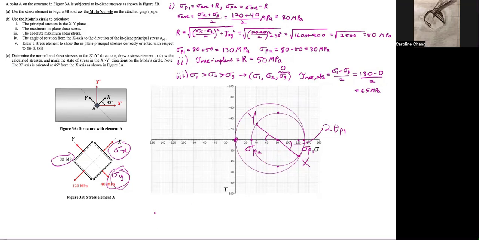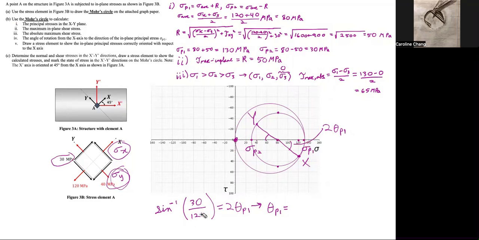So let's use sine. That means that the arcsine of the shear force, which is 30, over sigma x, which is 120, will be equal to 2 theta principal stress of 1. Oh yeah, actually I'm sorry about something.